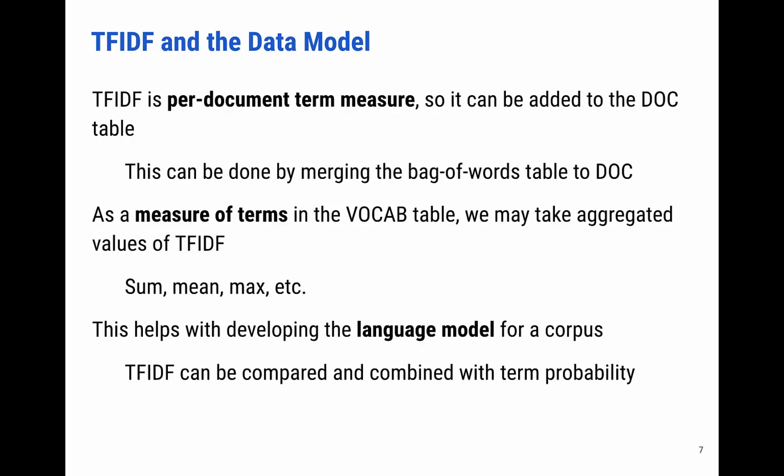And you can then distinguish words or terms in your vocabulary table that way. Finally, it also helps with developing the language model for a corpus. So that's one of the reasons why you would add it to the vocabulary table, because you can then start combining and comparing TF-IDF with other features in the vocabulary table, such as term probability.